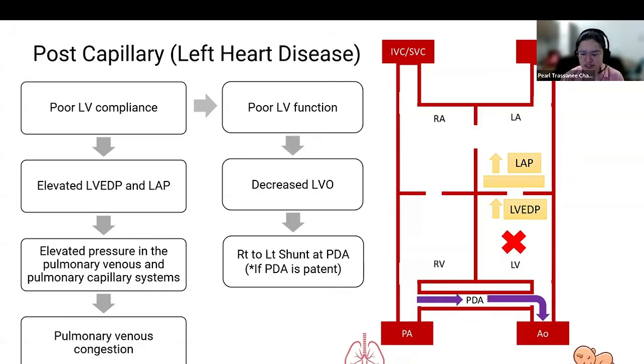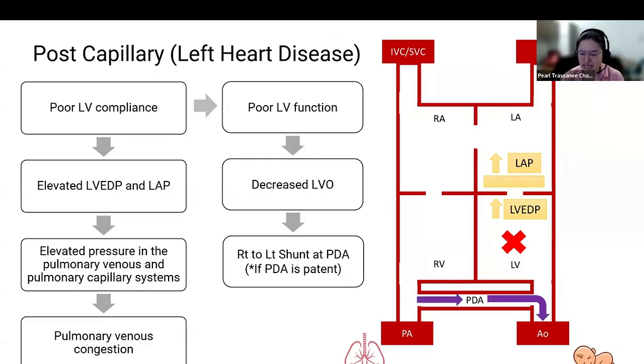The elevated pressures in the left atrium are transmitted backward into the pulmonary veins and subsequently into the pulmonary capillary bed. This is why we call it post-capillary pulmonary hypertension. The elevated pressure originates downstream of the pulmonary capillaries and backs up into the pulmonary circulation.